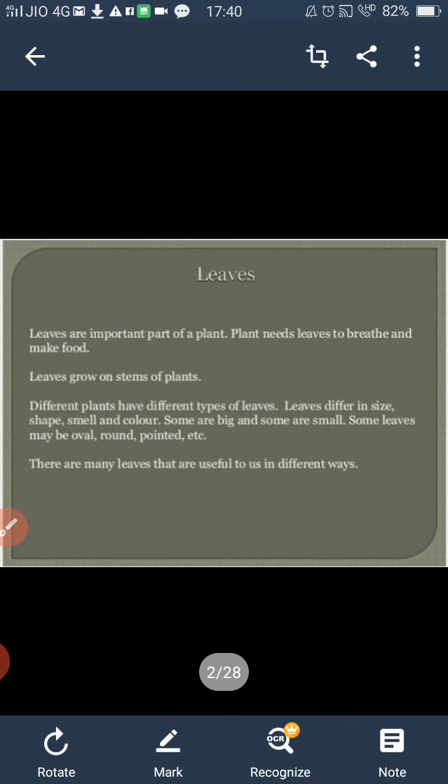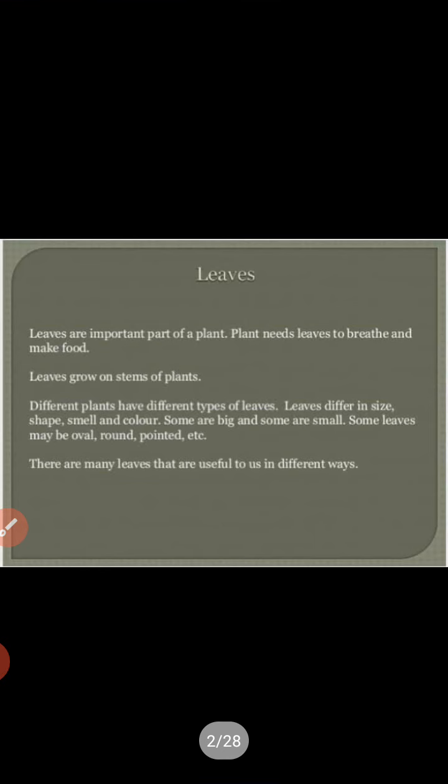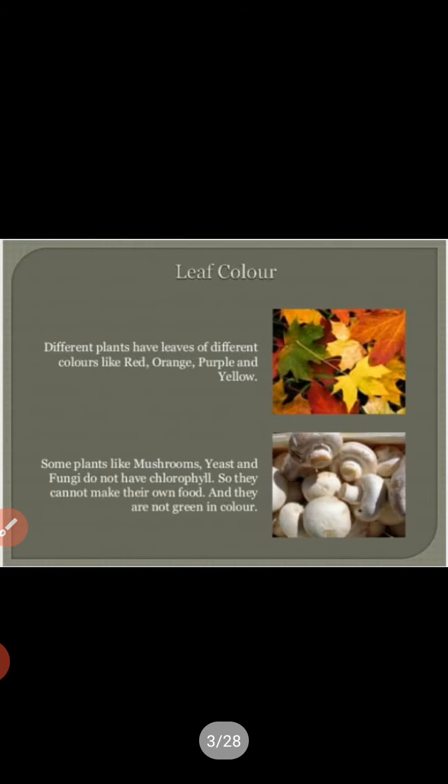Because the exchange of gases only happens through leaves. And we know that leaves differ in size, shape and color. Some plants have big leaves and some plants have small leaves, right?